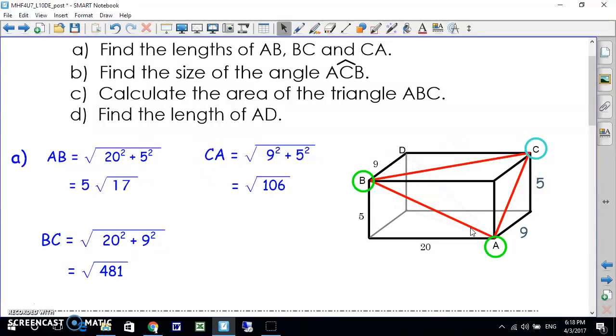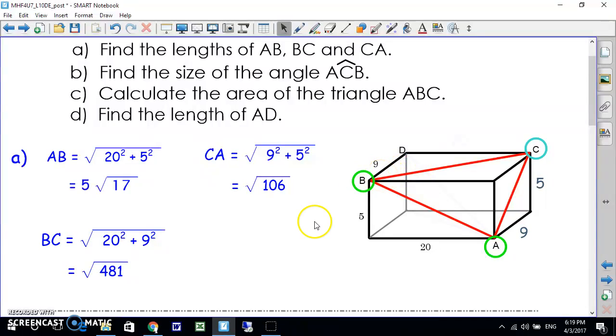Question C. You are going to calculate the area of the triangle ABC. So now you can see why we need to do part A and part B in this question. In order to calculate the area of triangle ABC, we can use the angle C and look at the two sides, AC and BC, that gives us the SAS triangle.